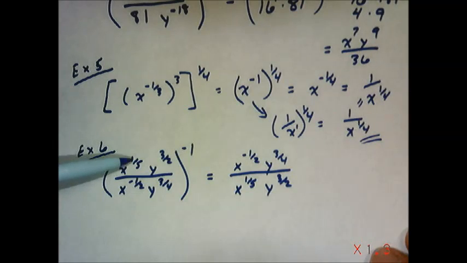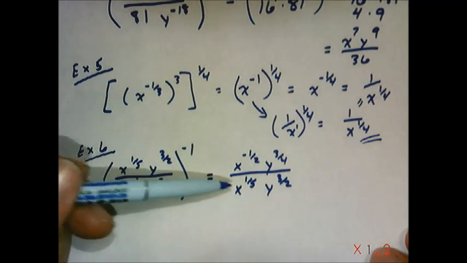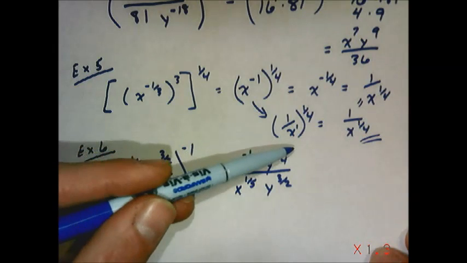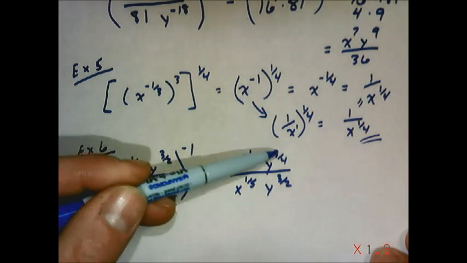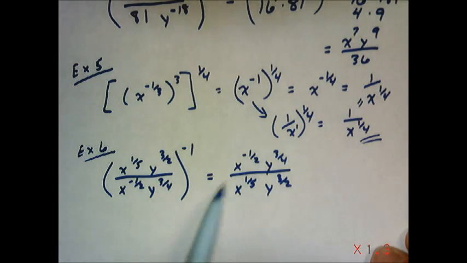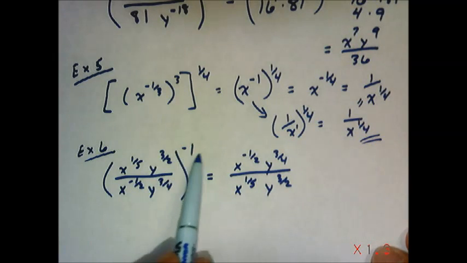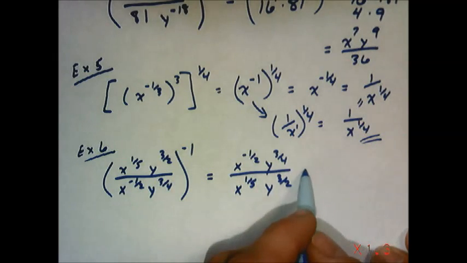Notice my numerator became my denominator, and my denominator became the numerator. Anything to the 1st power is going to be itself, so that's going to be simplified at this point. And we've gotten rid of that negative 1st power.